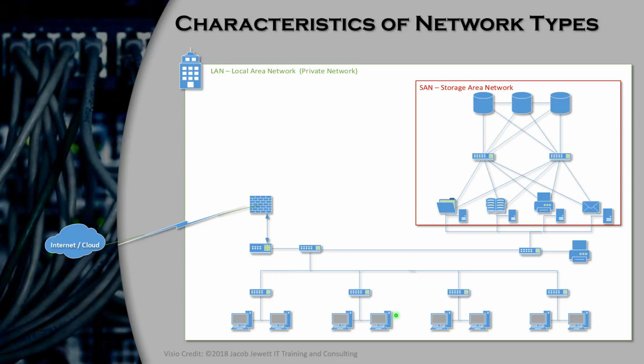We also have something called intranet. Intranet is a service that's typically provided by your servers in your network. Let's say, for example, you have a SharePoint website hosted on your file server. That's typically where people get this term confused.